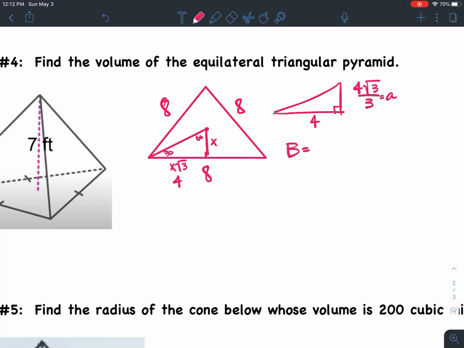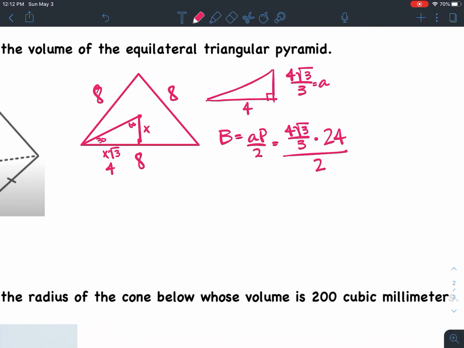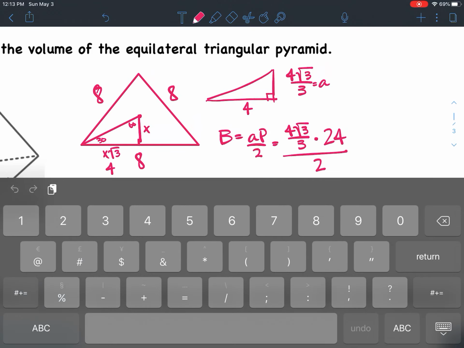And if we're working towards our big B, we're going to do apothem times perimeter over 2. So this is going to be 4 root 3 over 3 times our perimeter, which will be 24, all of that over 2.